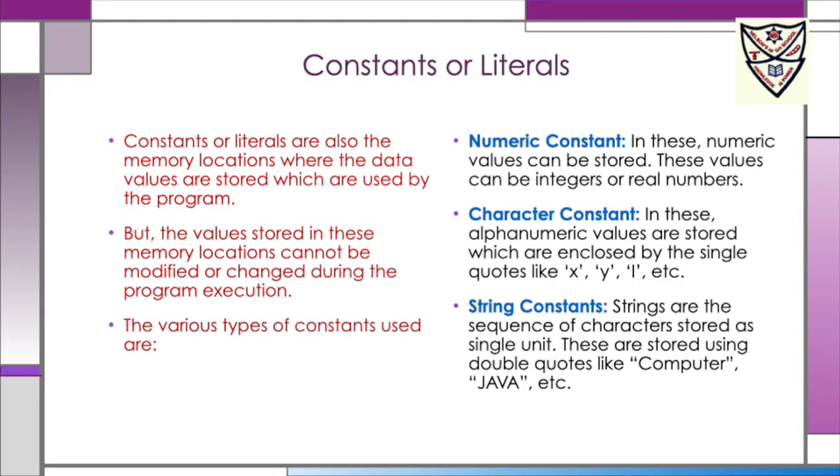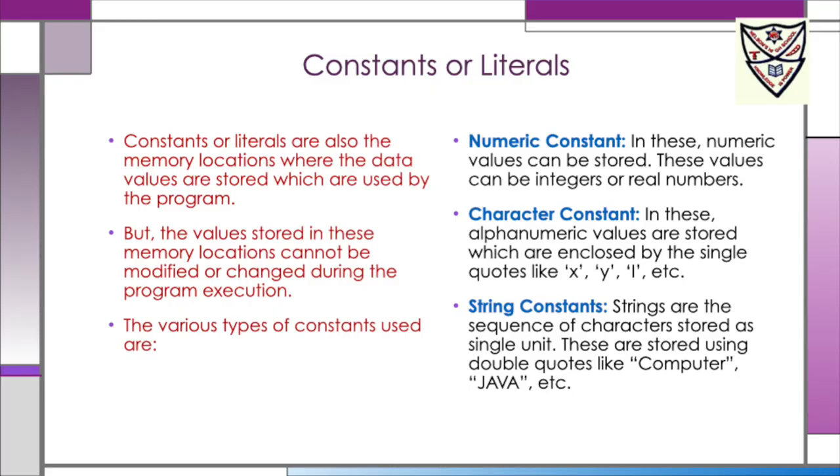Constants or literals. Constants or literals are also the memory locations where the data values are stored which are used by the program. But the values stored in these memory locations cannot be modified or changed during the program execution. The various types of constants used are numeric constant. In these, the numeric values can be stored.